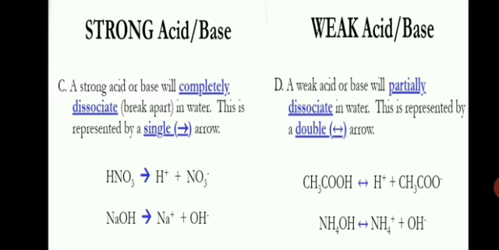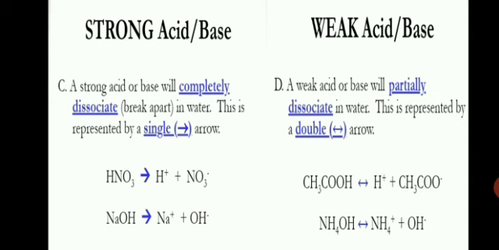So now we are going to discuss some ways to compare the relative strength of acids and bases. We know that when we studied the identification of acids and bases, when we dip a litmus paper into the acid or base, it shows a color. But we cannot identify the strength, whether it is a weak acid or a strong acid.